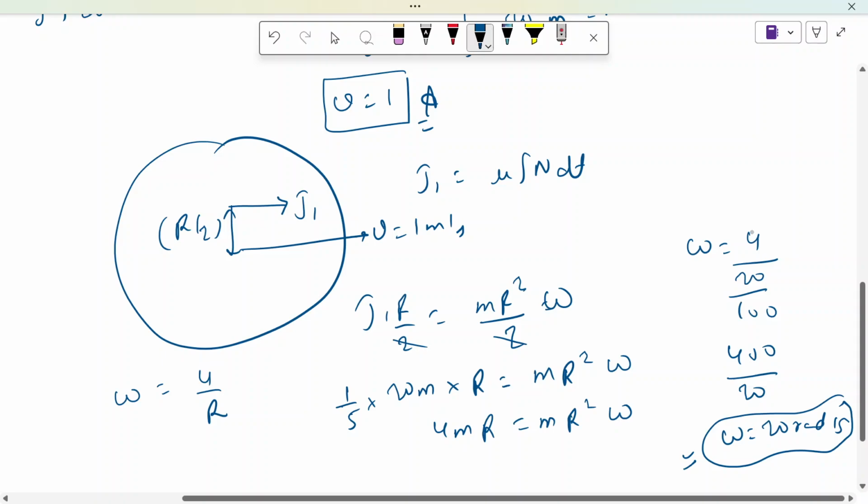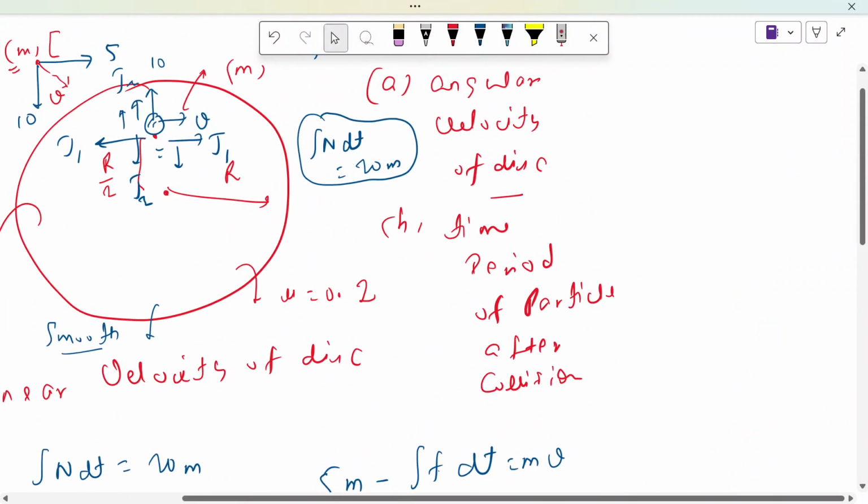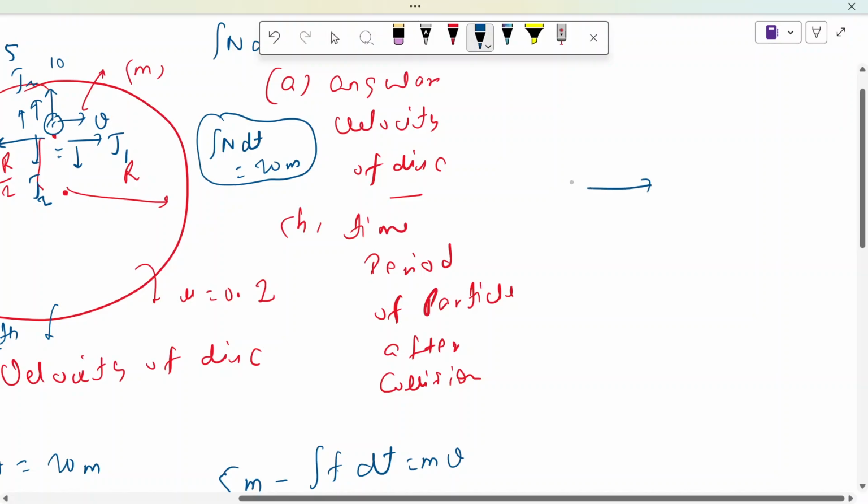Okay. So now what it has given is we have to calculate the time period. One thing which we know clearly is that the velocity of the particle after collision is 1 meter per second, and the upward velocity is 10 meter per second. So the time of flight is clearly given as 2 ux into uy upon g.